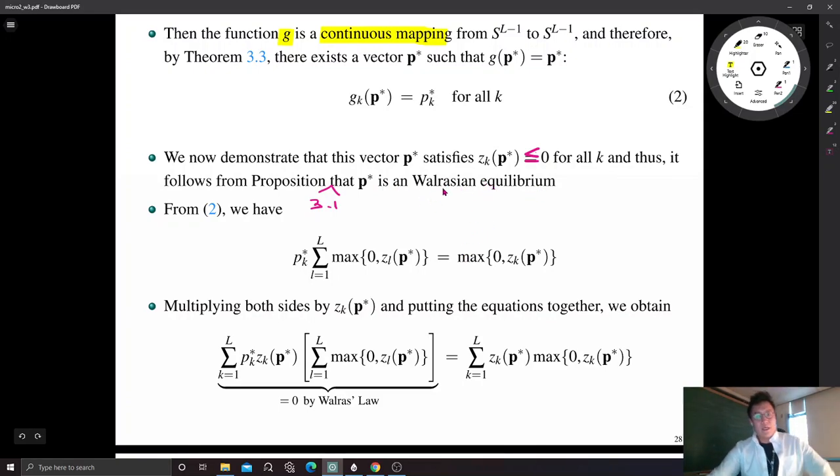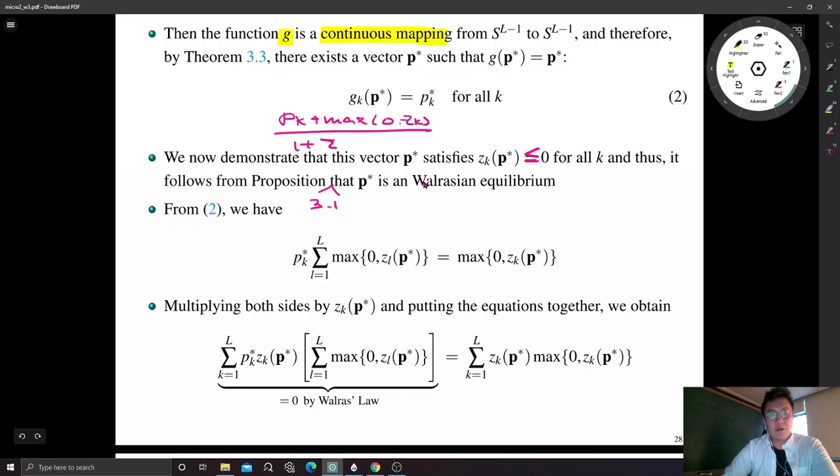All right. So from equation number 2, G sub k is P sub k plus max G sub k over 1 plus summation max between 0 and Z sub L. So using the definition of G sub k, I can rewrite equation number 2 as this.